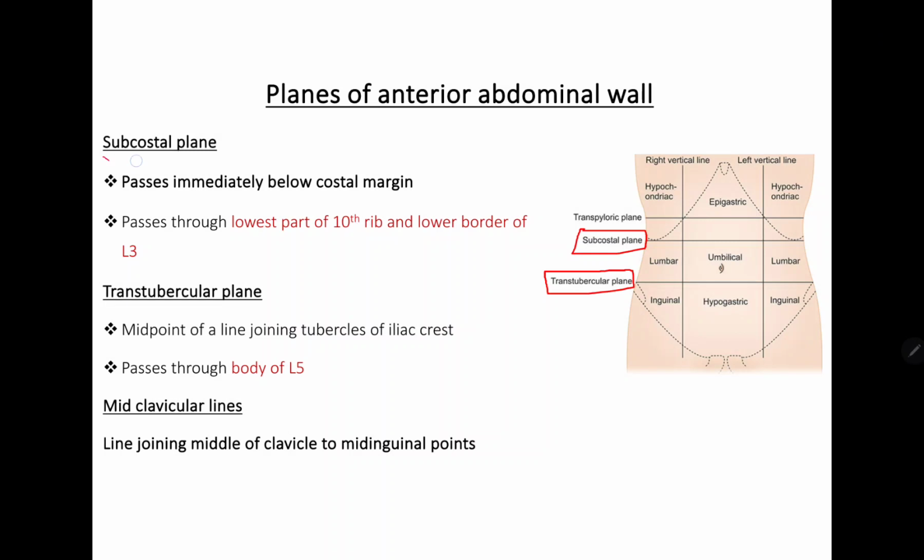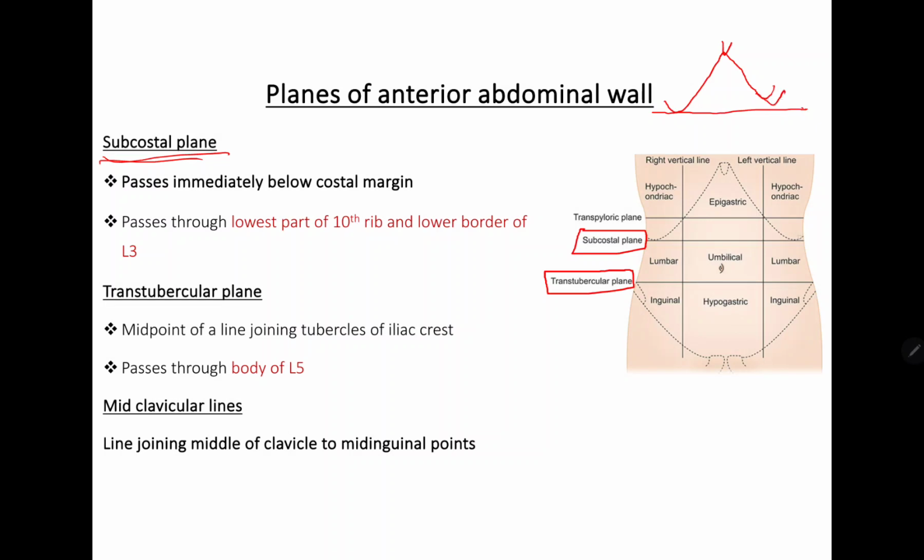The next plane is the subcostal plane. You know the costal margin; costa means ribs. We have the right costal margin here and here we have the left costal margin. The line passing below them is known as the subcostal line.